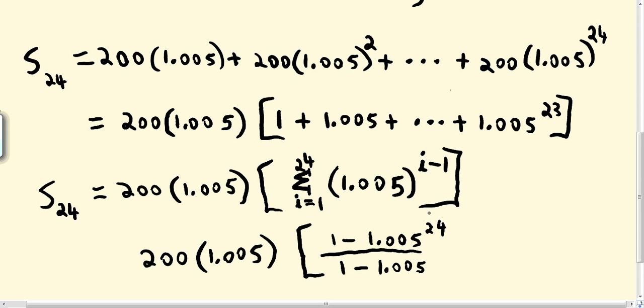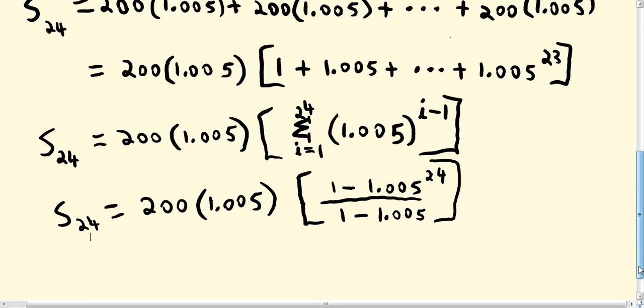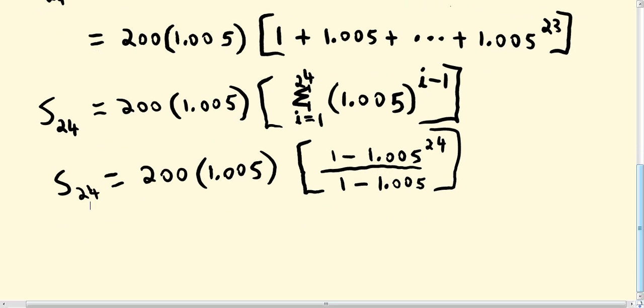So this calculation will give me the sum of all those annuity payments. It'll give me the future value of all those payments, or the balance that is in my account after 2 years. All right, so let's do this calculation here.